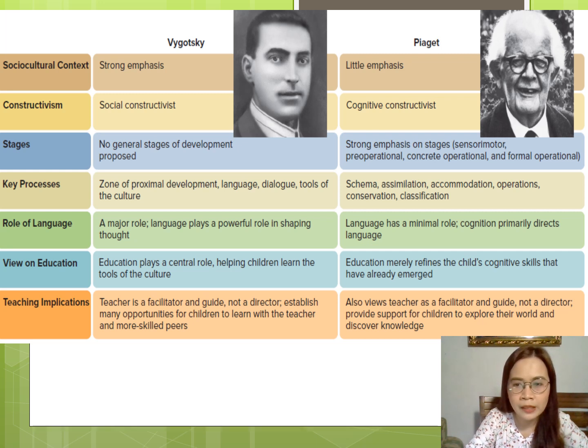So, we are active constructivist of our own knowledge, of our learning, while for Lev Vygotsky, we are social constructivists. So, we need the help or guidance of someone else or someone that is expert or better than us, in order for us to learn.